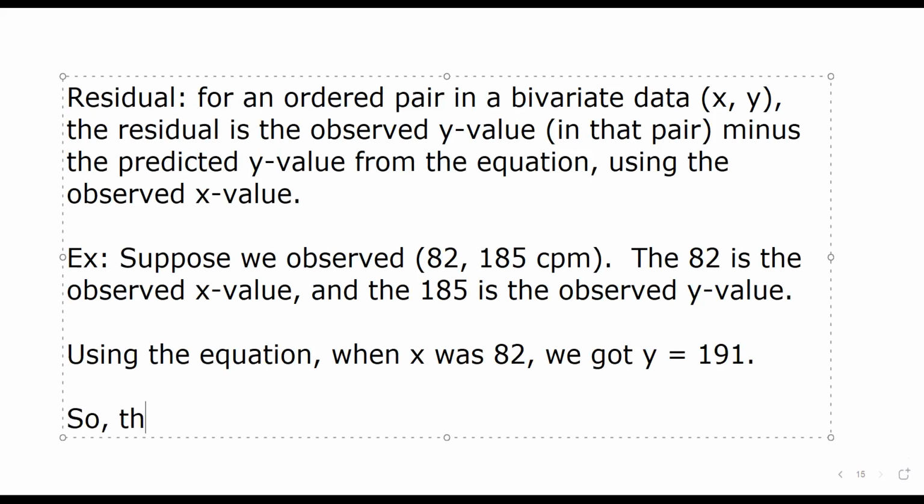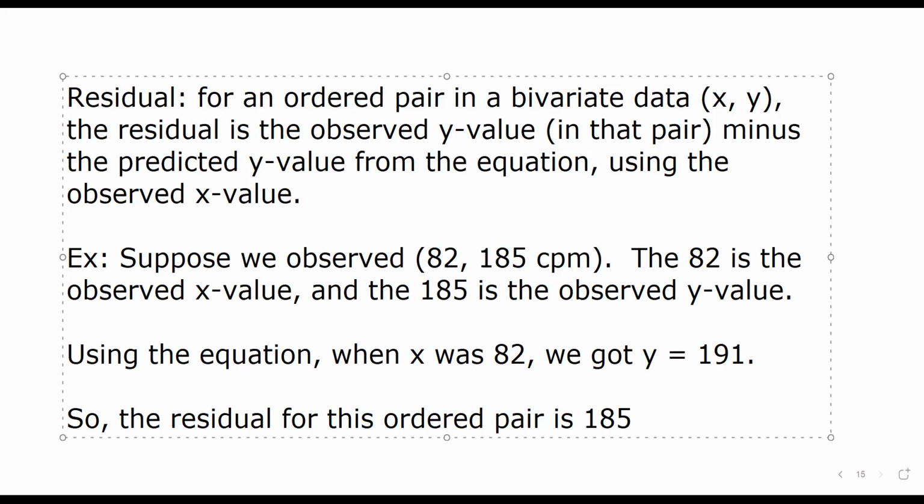So the residual for this ordered pair is the Y value that we observed, 185, minus the Y value that the equation predicted. 185 minus 191 is -6.